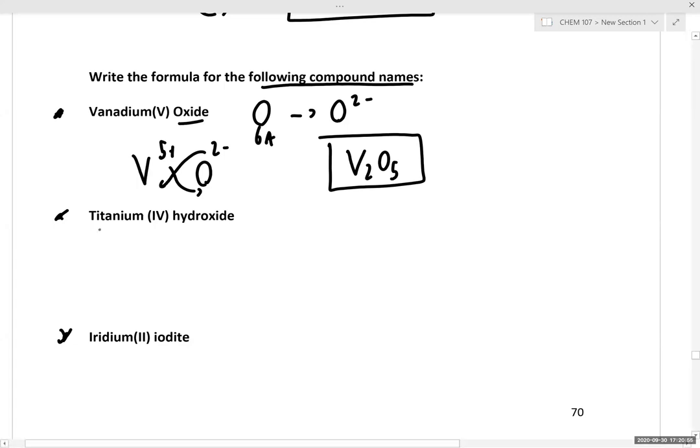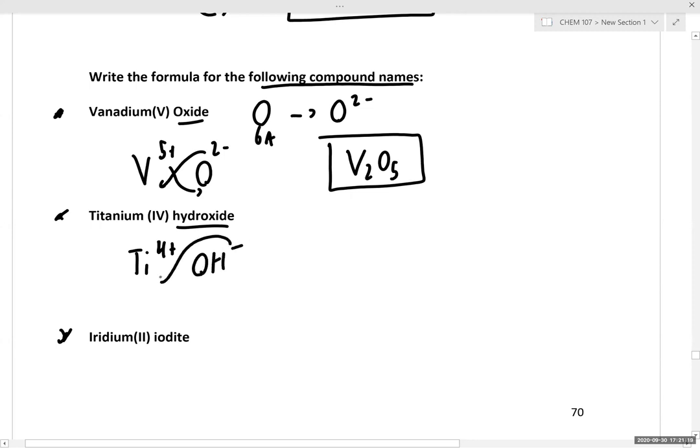Let's look at this next example. We have titanium 4 hydroxide. So we have titanium with a 4 plus charge. Hydroxide, what's the formula of hydroxide? Just to make sure we're all on the same page. OH minus, exactly right.